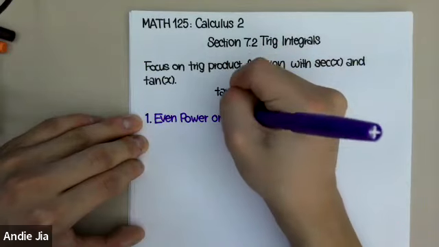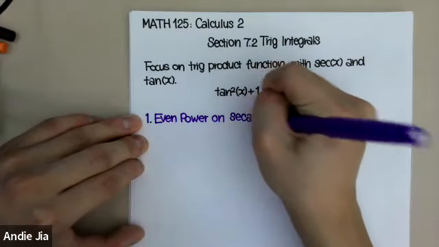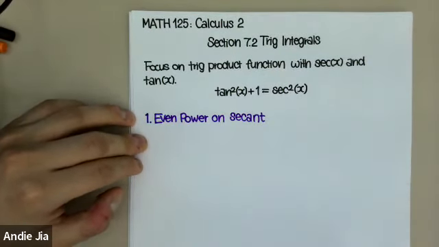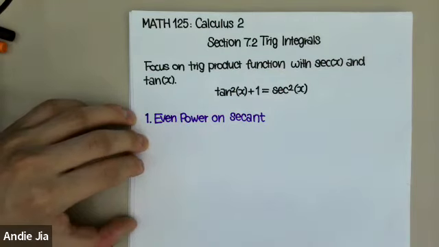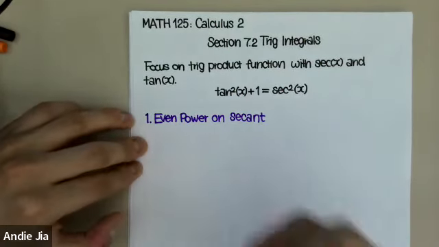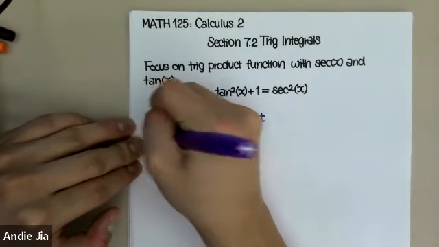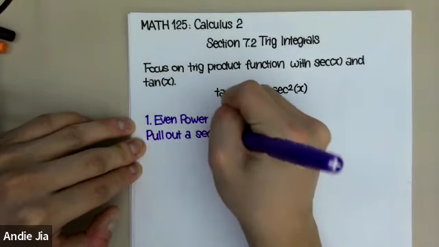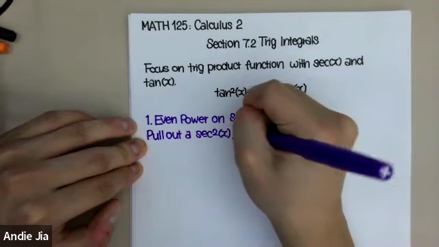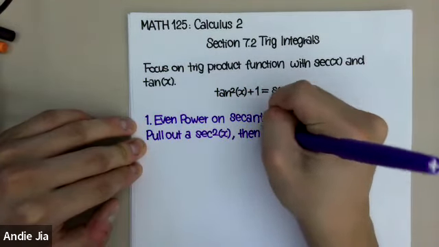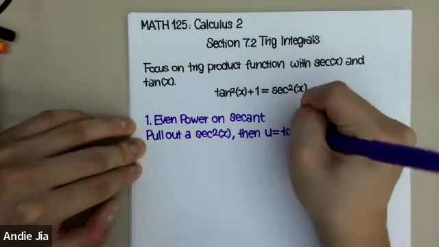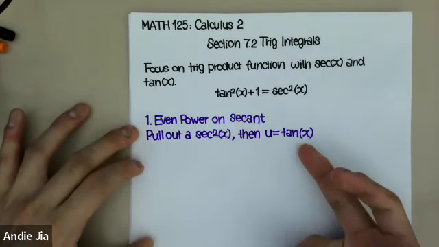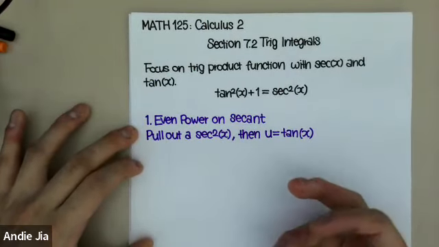In this case, we pull out a secant squared, then use u equal to tangent of x, because the derivative of tangent is secant squared of x.